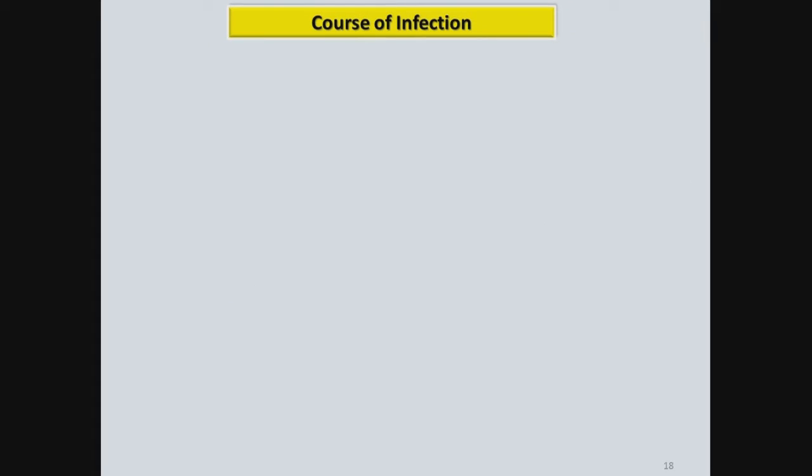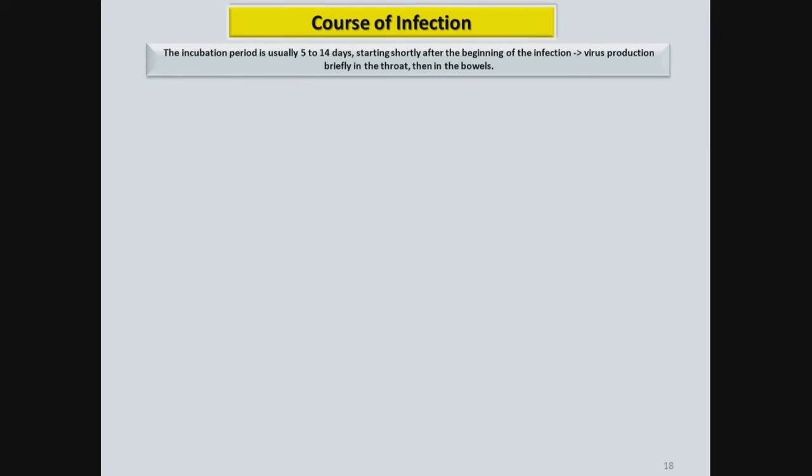Course of infection. The incubation period is usually 5 to 14 days, starting shortly after the beginning of the infection, with virus production briefly in the throat, then in the bowels. Approximately 95% of the infections occur without any symptoms.